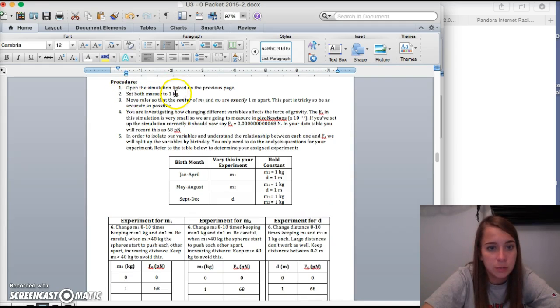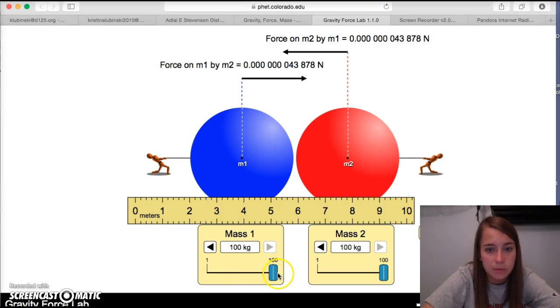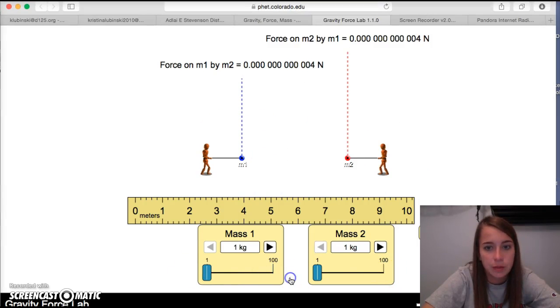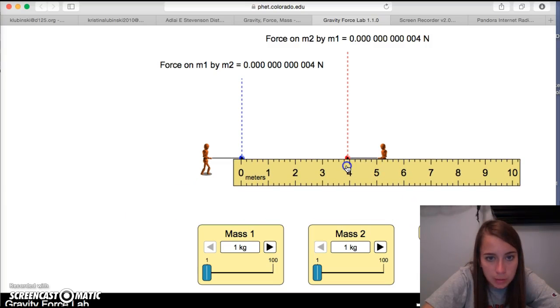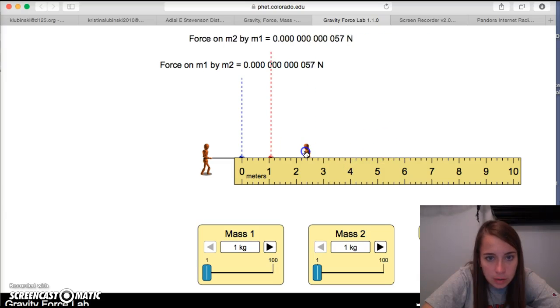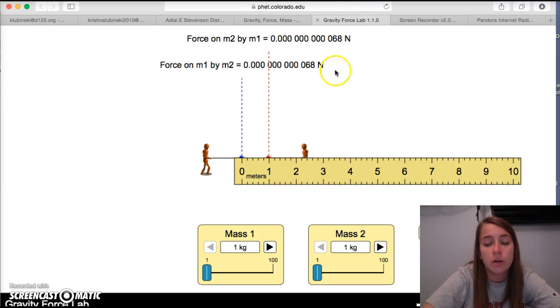Here's what you want to do. Set both masses to 1 kilogram, so I'm going to set both of these to 1. And you want to move them so they're exactly 1 meter apart. I'm going to drag my ruler up here and put the centers of them exactly 1 meter apart. I'll know it's 1 meter when I get 68.0000000000068 newtons.